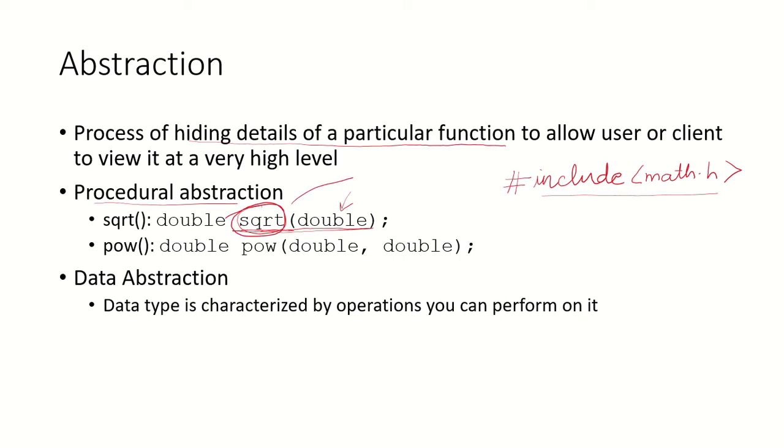Are you bothered about how this square root is being determined or computed? No, you are not. So this is an example of procedural abstraction.